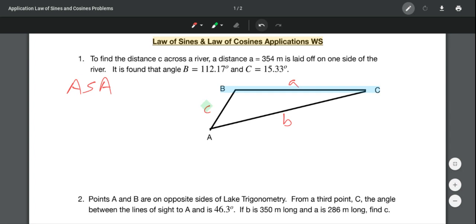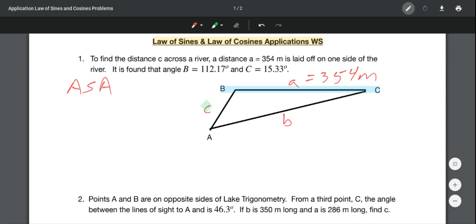So if I just need to find that value of C, how can I do that? If I want to use sine, I need to have one side length and one angle that's across from it. So I know that this is 354 meters.